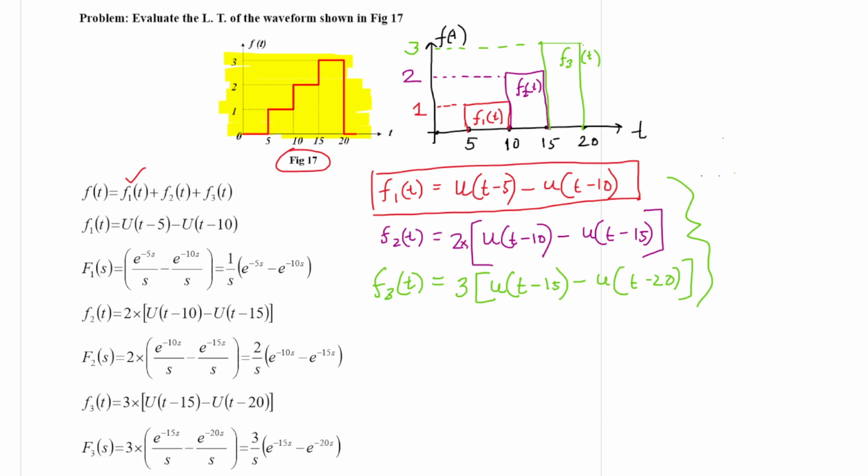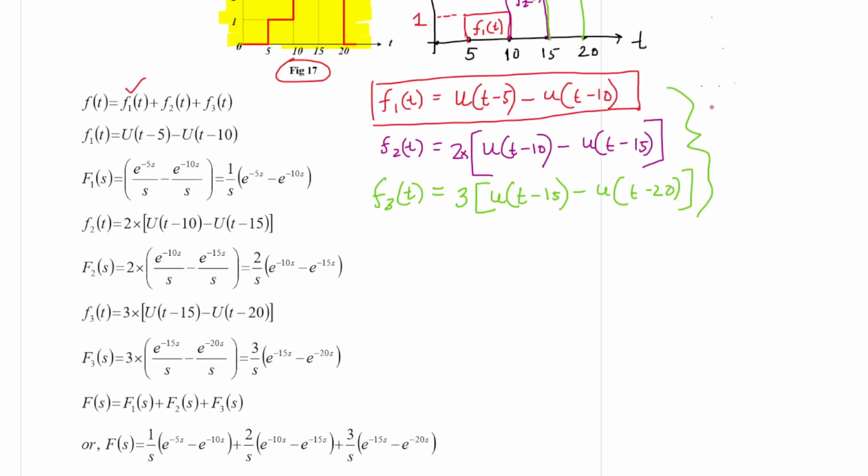So now if you consider the first part, that is f1(t), it is simply u(t minus 5). It is actually shifted in the time domain, so it should be multiplied in the frequency domain by a factor e to the power minus 5s. So for the step function u, we have 1 by s.